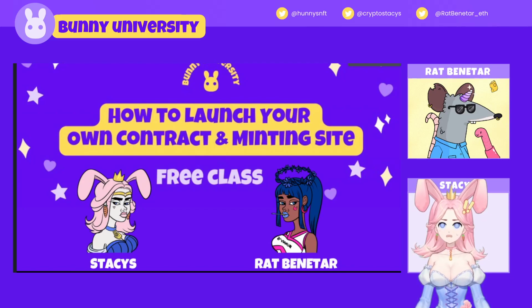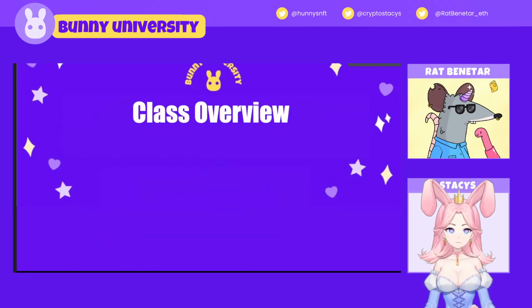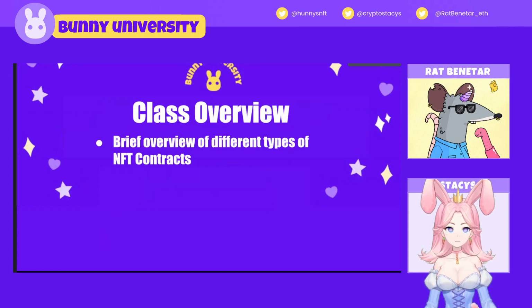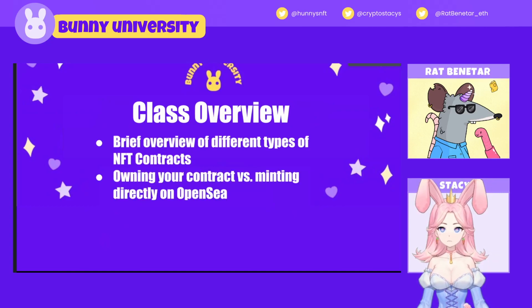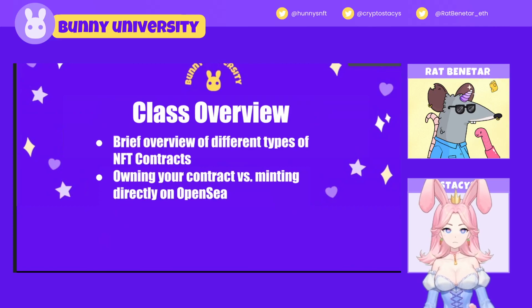So without further ado, let's get into it. I'm going to show you a quick overview of today's class. We are going to be briefly reviewing different types of NFT contracts. We are going to be looking at why it is important to own your contract versus maybe minting directly on OpenSea.